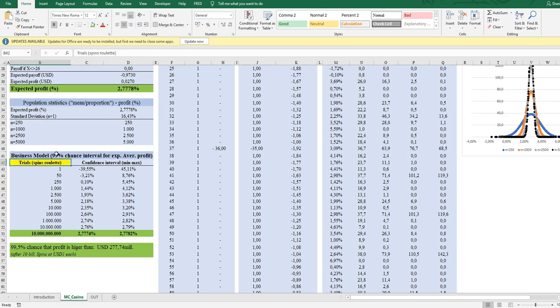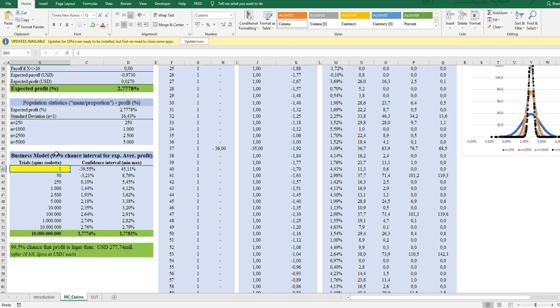The confidence interval, or the locked-in interval, if you like, of the expected profit as we go higher and higher in number of spins at the table.